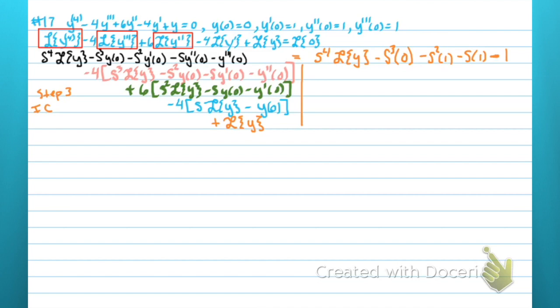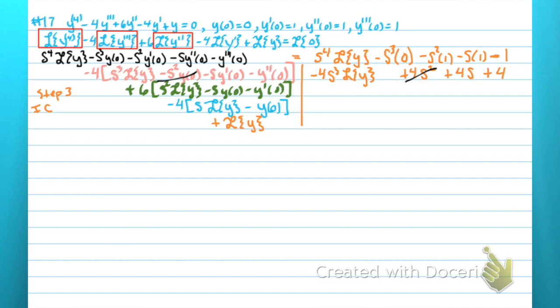Minus s times y prime prime naught, which is 1, minus y prime prime prime naught, which is 1. Alright, so then that next bit, that's 4s to the third, the Laplace of y, and that term there is nothing.